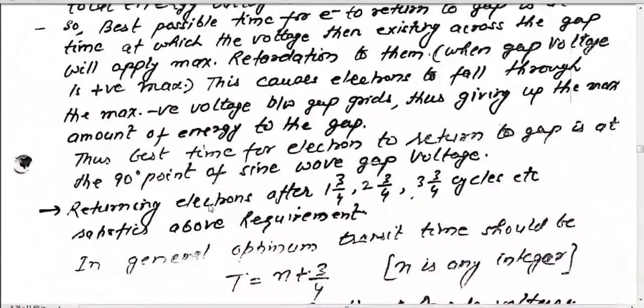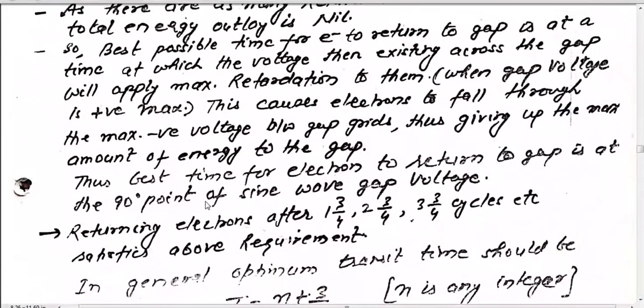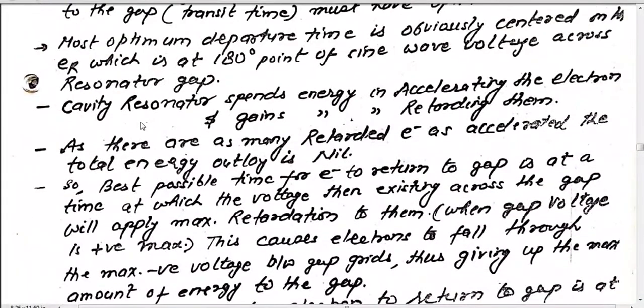So cavity resonators spend energy in accelerating the electron and gain energy in retarding them. The space is going to deliver its energy in accelerating the electron, but when they come back the second time, then they will take energy from those electrons.